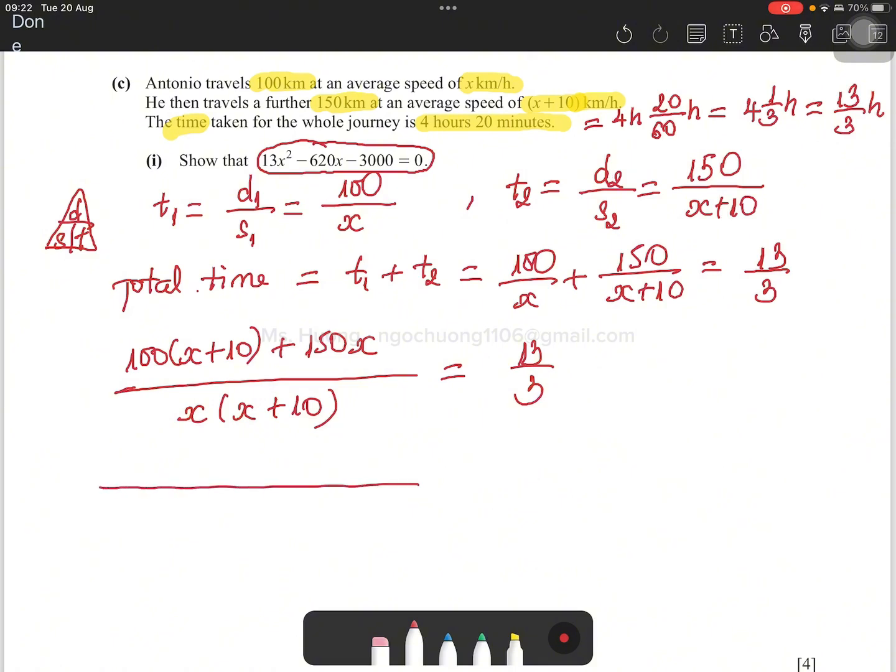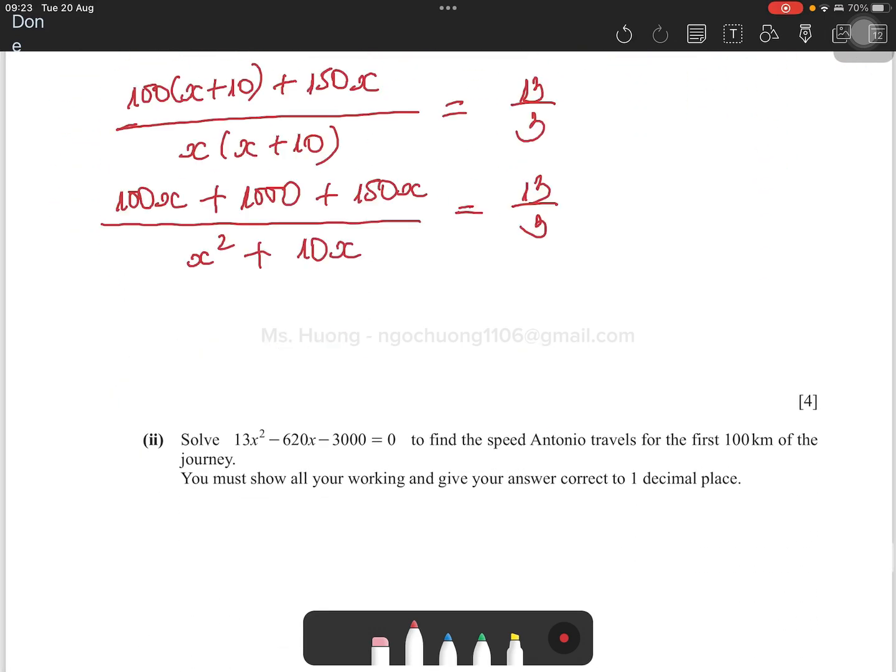For the numerator, 100 multiplied by x is 100x, 100 times 10 is 1000, plus 150x over x times x is x squared, x times 10 is 10x, equals 13 over 3. And for the numerator, 100x plus 150x is 250x plus 1000 over x squared plus 10x equals 13 over 3.